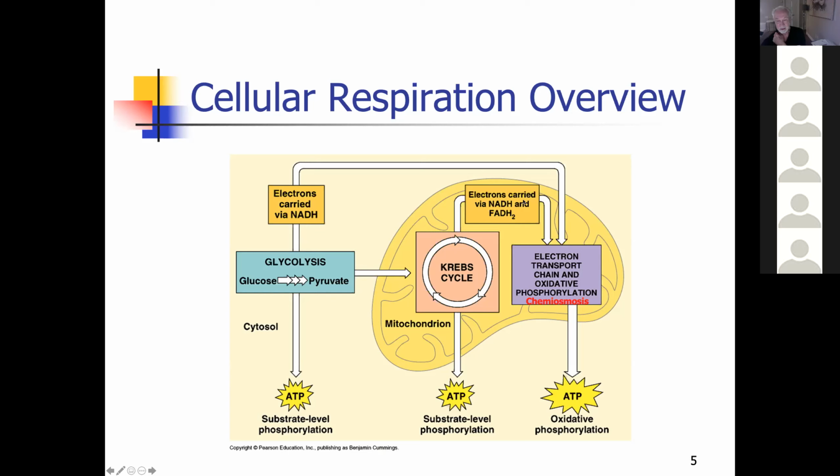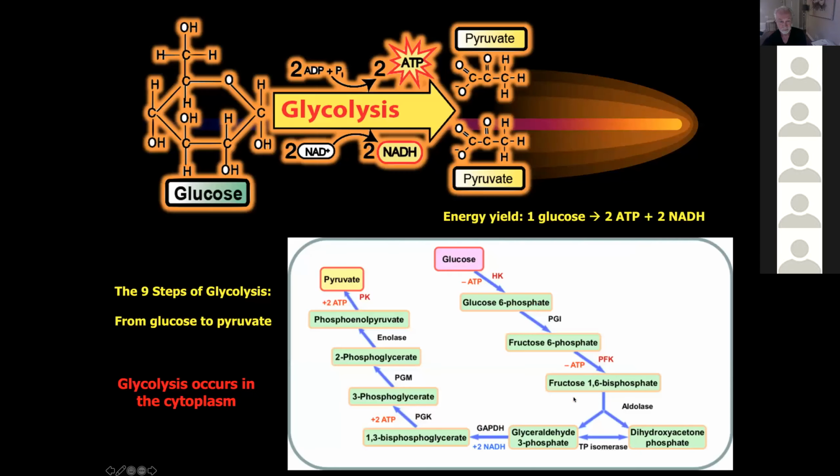These carriers enter the electron transport chain and result in oxidative phosphorylation. The final step of that is chemiosmosis, and that is where we get most of our energy. Most of our ATP comes from oxidative phosphorylation, and we can count them up a little later. But first, let's take a closer look at glycolysis.